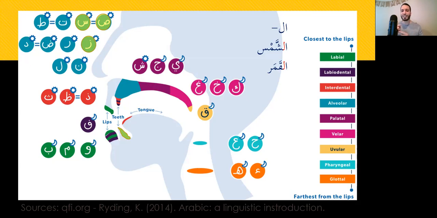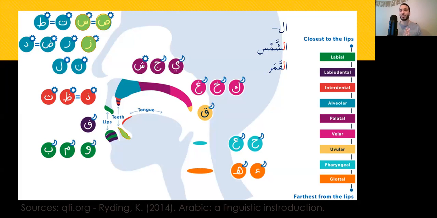The. So the tongue is going upward. And when the tongue goes upward, that means you don't pronounce the lam, because the lam comes from that spot. And that's why you don't say al.